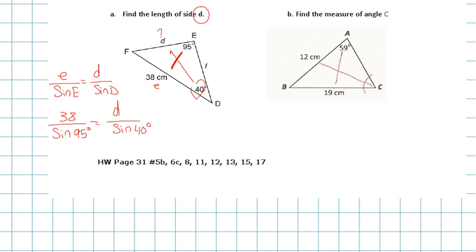What do I have to do? Cross multiply. So when I cross multiply, what would it look like? Sine 40 multiplied by 38 divided by sine 95.